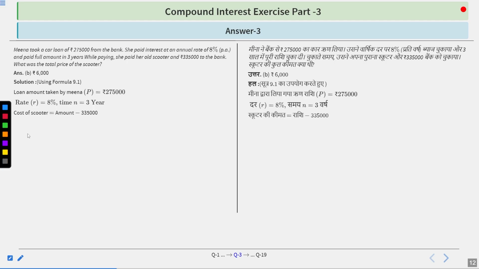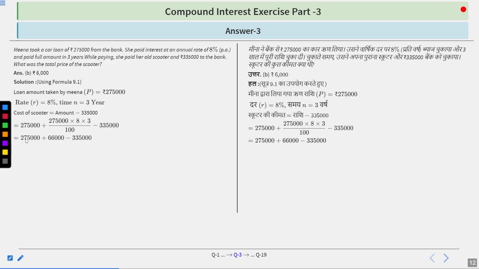And cost of a scooter is going to be equal to total amount minus 3,35,000. Therefore 2,75,000 plus, using formula 9.1, that is P into R into T upon 100 for simple interest, we get 2,75,000 into 8 into 3 upon 100, that is the amount, minus 3,35,000.